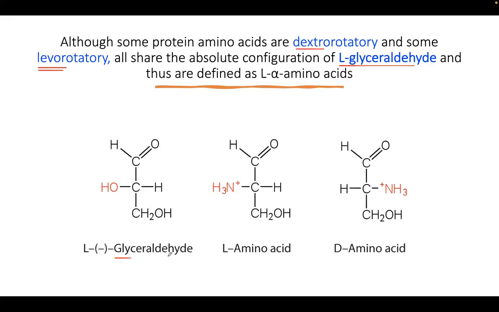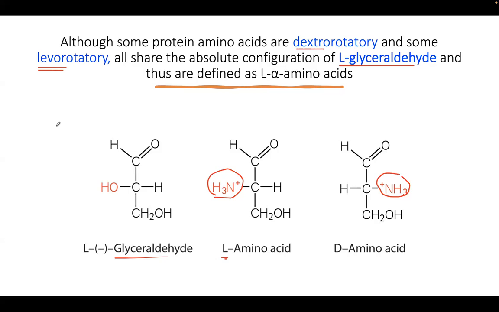So here's the L-glyceraldehyde. When the amino group is found on the left side, like what you see here, this is levorotatory. When it is found on the right side, then it is referred to as dextrorotatory.